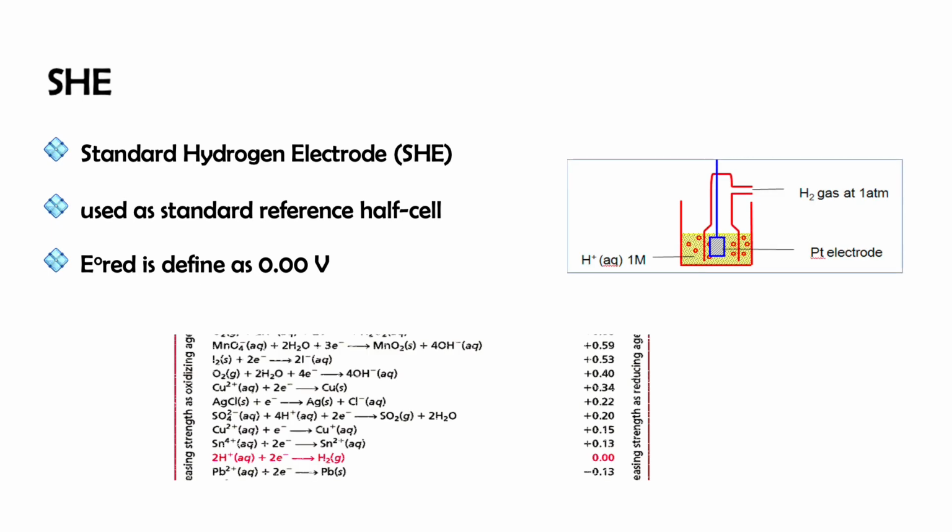Therefore, you can see in the SRP list, it is 0.00 volt. So SHE is the best reference half cell to get the SRP value for other half cells.